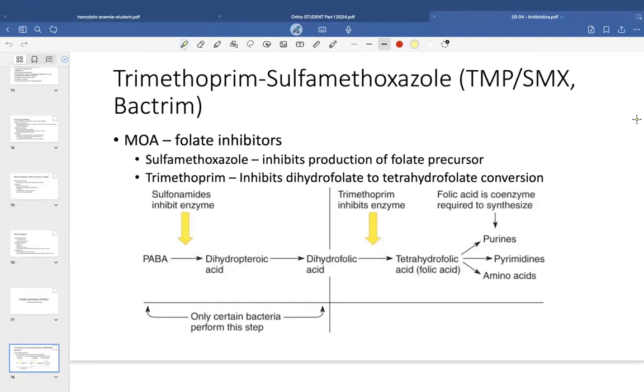So they're formulated together. You can actually get standalone trimethoprim. But really the overwhelming usage is of the combination product, which is a fixed dose combination, trimethoprim sulfamethoxazole, and it will be given orally, Bactrim, SS, Bactrim, DS, single strength.